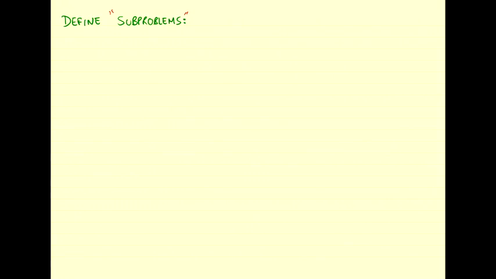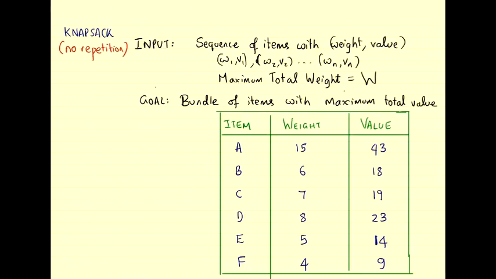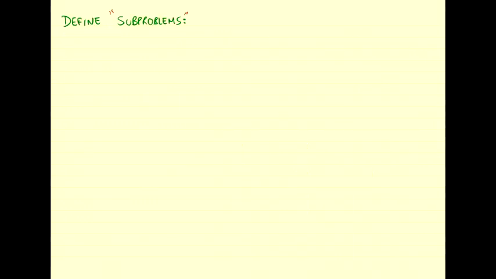Before I start defining subproblems, the way I'm presenting this algorithm design is I'm going to follow the recipe for dynamic programming to the dot. I'm going to first define subproblems, then write down a recurrence relation, and then write down the algorithm.